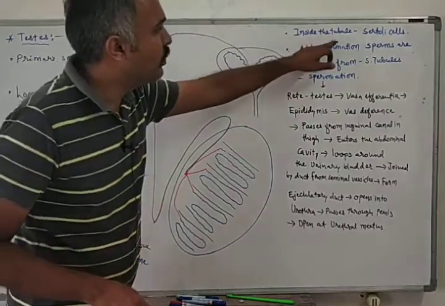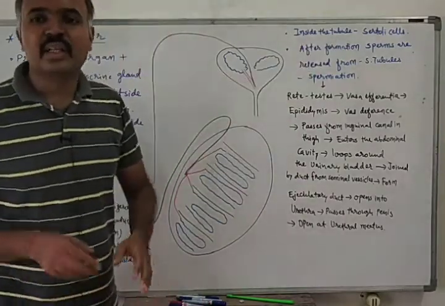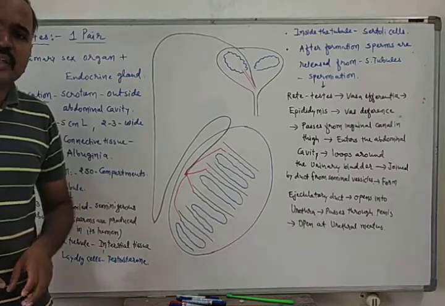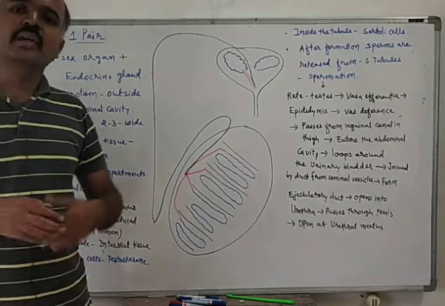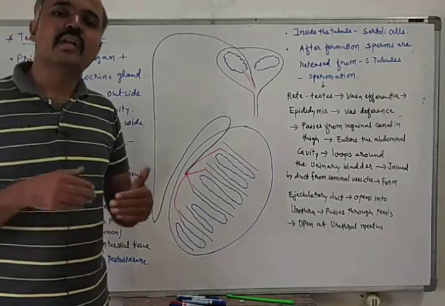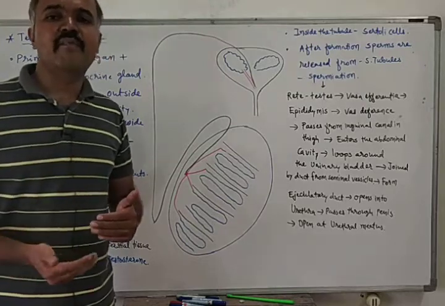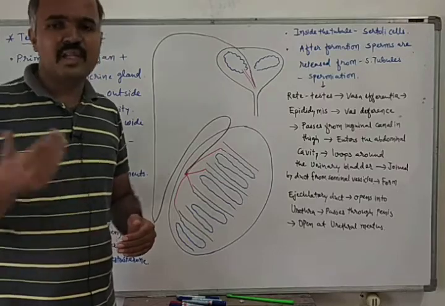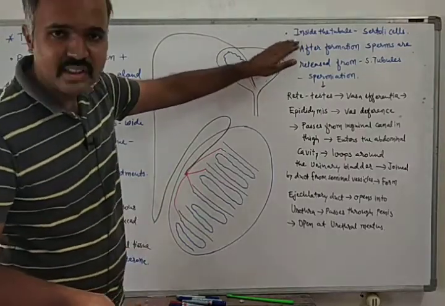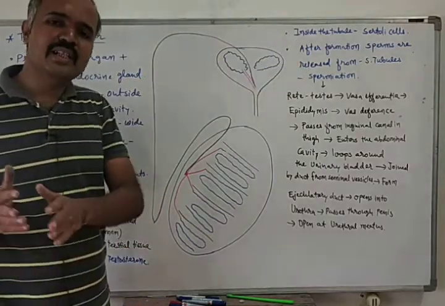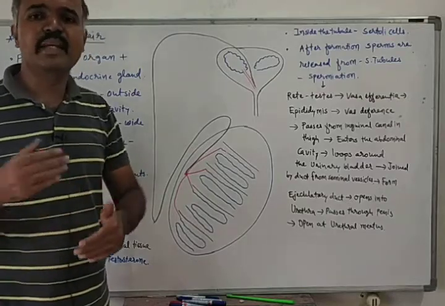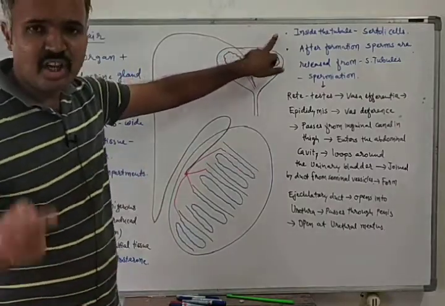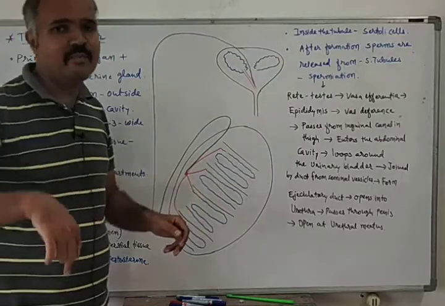These Sertoli cells will nourish the developing sperm during spermatogenesis, and they also nourish the male germinal epithelium. These Sertoli cells are located inside the seminiferous tubules.